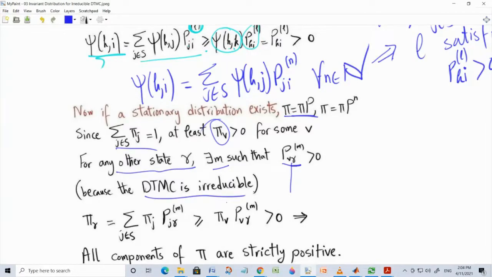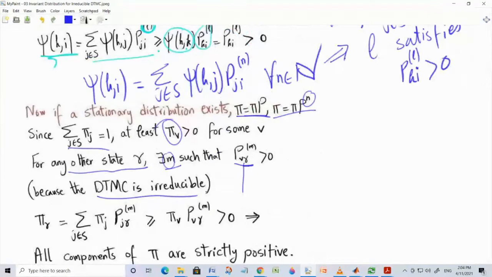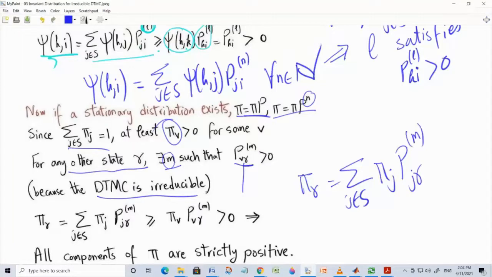This is because the DTMC is irreducible. Okay, so here is what we will do. We will take this equation here with a power equal to m. Specifically, pi gamma is equal to summation over j in S of pi j b_j gamma of m.